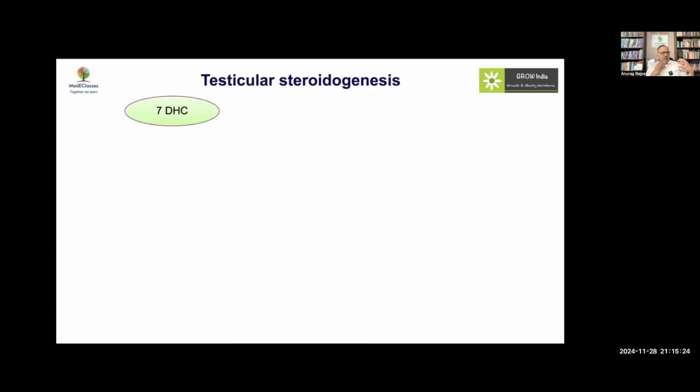Now, because testosterone production is common both to testis and adrenal, and there are many enzymes which are common to that, we need to understand a bit of that. So the 7-dehydrocholesterol is converted via the DHC reductase into cholesterol, and this is a very important step in terms of cholesterol synthesis, and this will impact every aspect of steroidogenesis.